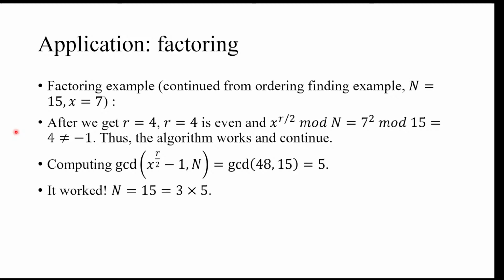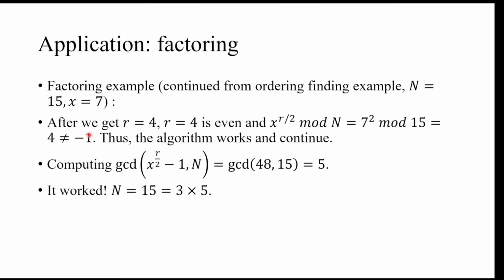Let's just see the numbers actually work out. So n equals 15 and x equals 7. This is the example we ran before, and we already saw r equals 4 here. x to the r over 2 is x squared, so it's 7 squared, which is 49, and 49 mod 15 equals 4.